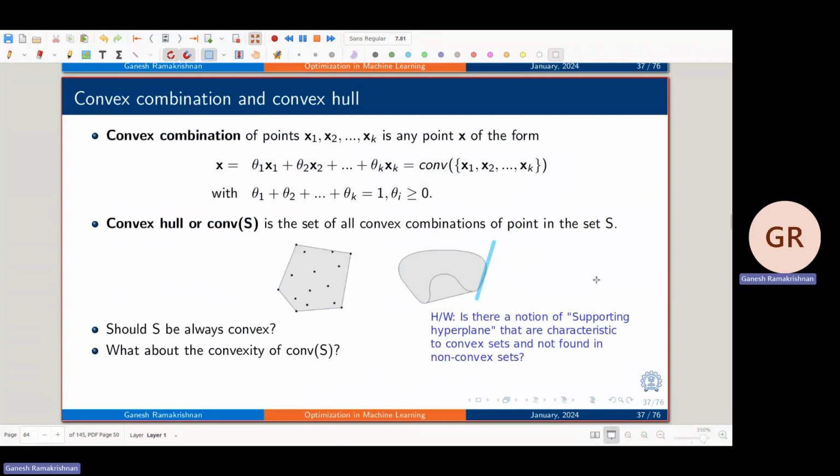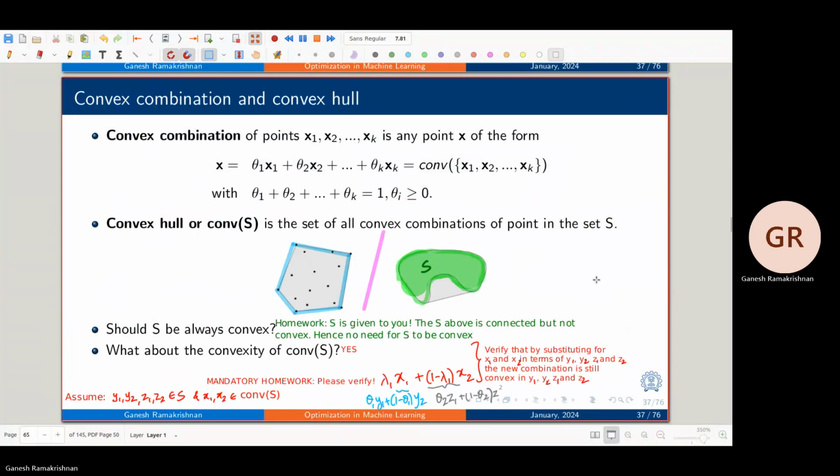Right, and there's another homework I want to leave you with. So what about the convexity of the convex hull? So intuitively you feel it's all going to be convex, but can you verify it?